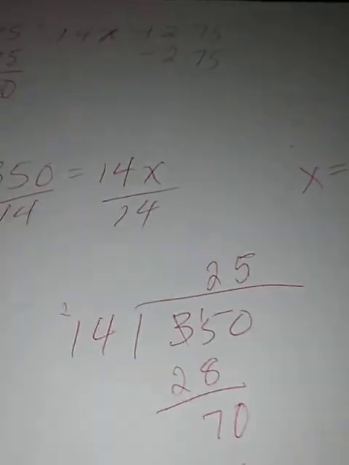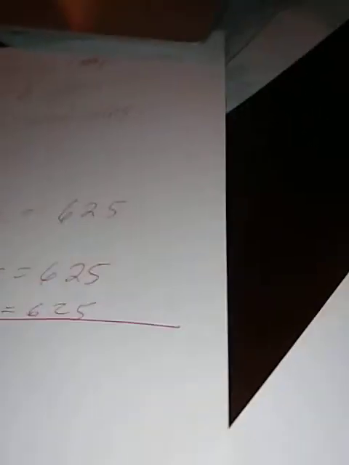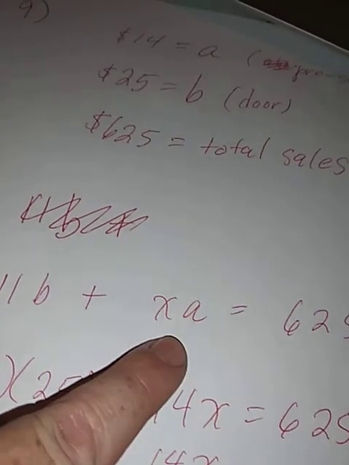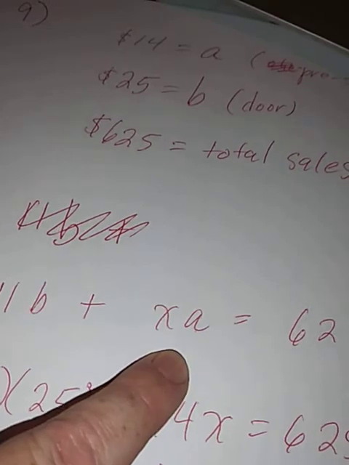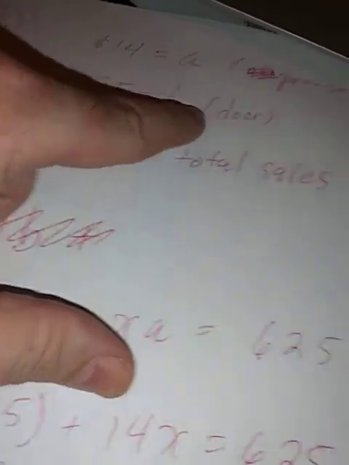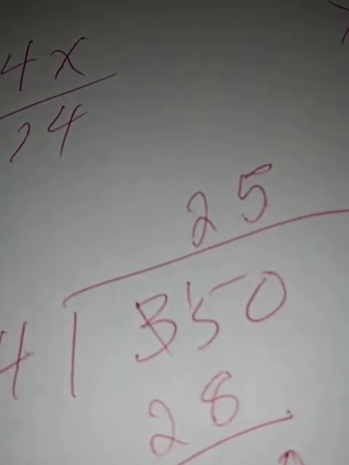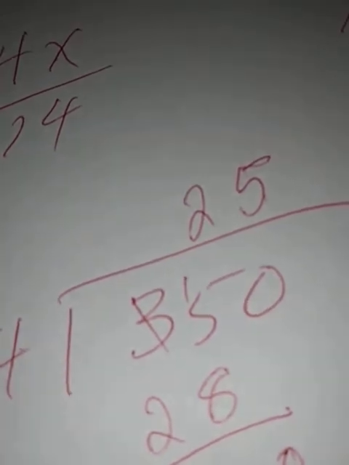What is 25? 25 is your dollar amount. We go back over here. Right here. X is your dollar amount for the pre-sales or at the door sales. So we're going to say $25. We'll just say what they called it. What did they call it exactly?